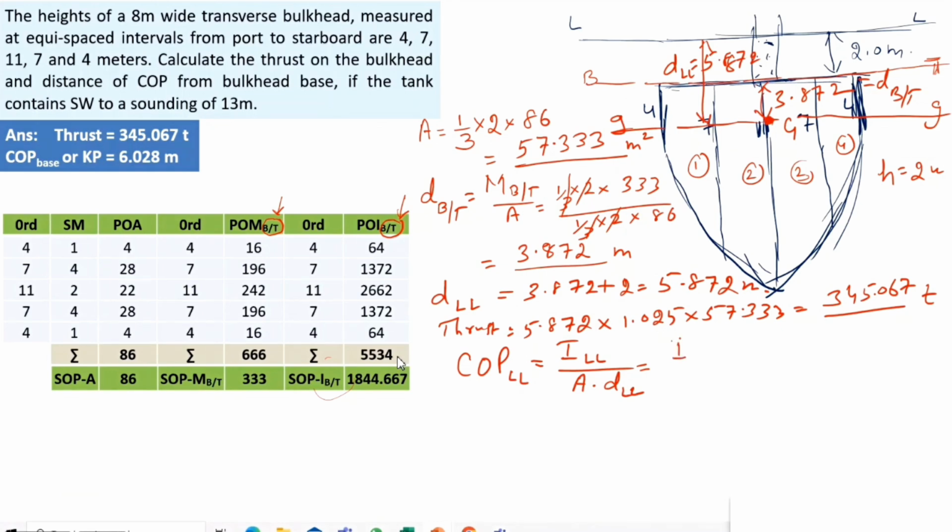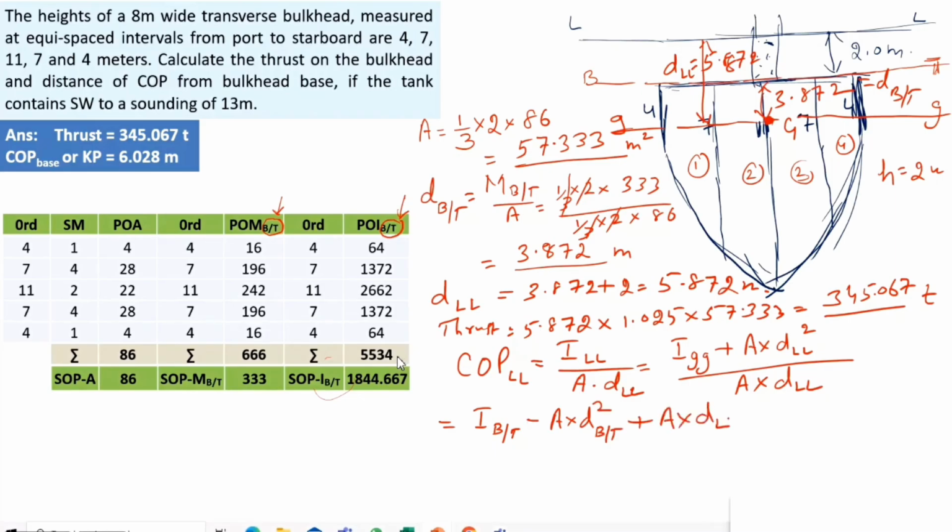So I make it IGG plus area into DLL square, divided by area into DLL. But I don't have IGG, I have IBT. So I replace IGG with IBT minus area into DBT square, plus area into DLL square, divided by area into DLL.